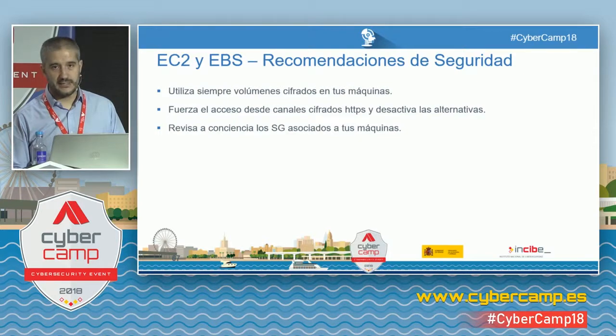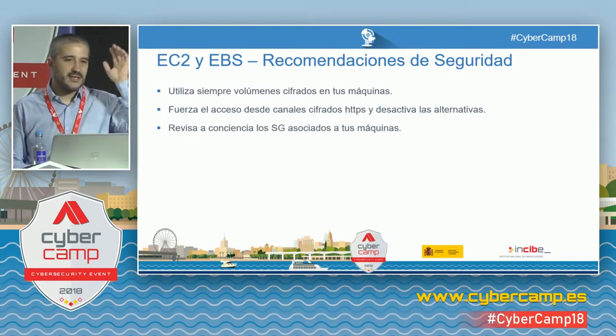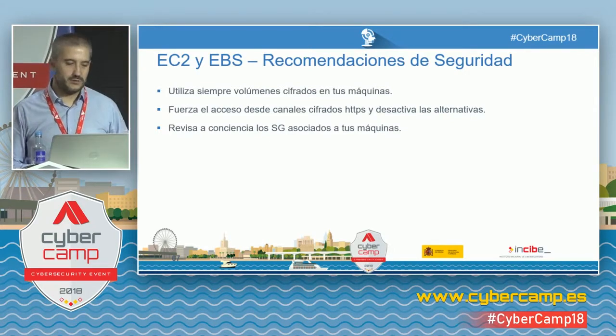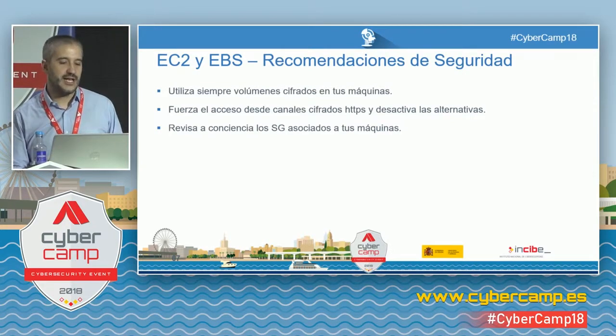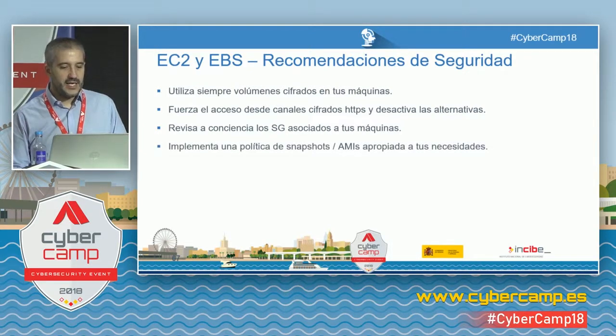You should also review security groups that are associated to your machines. Why? Because that's the gateway for people to come in. Don't say, oh, I'm going to open port 22 from home, and then you forget you've done it. Don't. Make sure that security groups are well supervised.